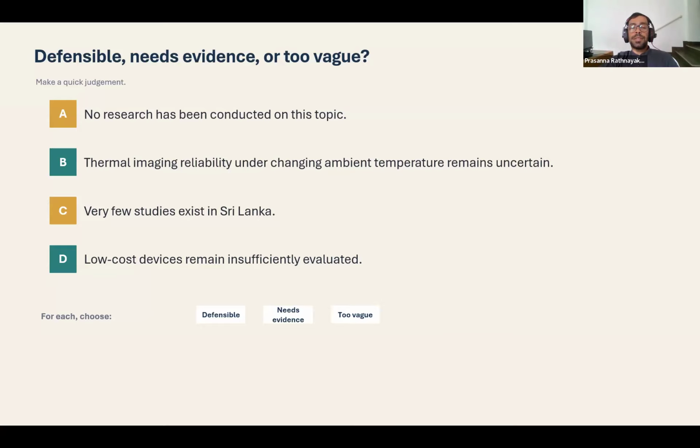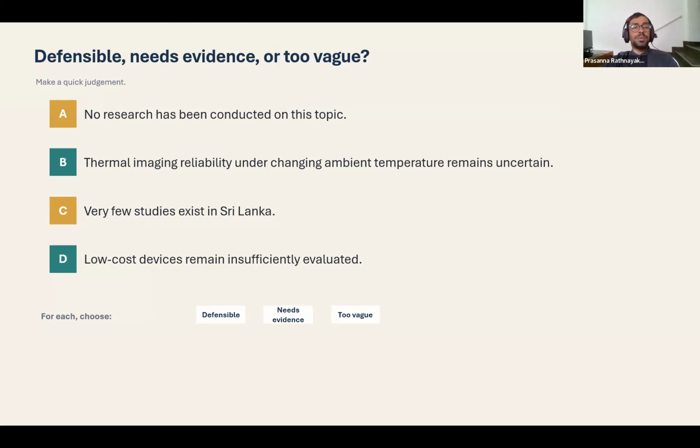I'm asking about statement C. Indeed, it may be useful, but it is too vague unless we explain why the Sri Lankan context matters. Without bringing in why the Sri Lankan context matters, a statement like this may sound too vague, right?